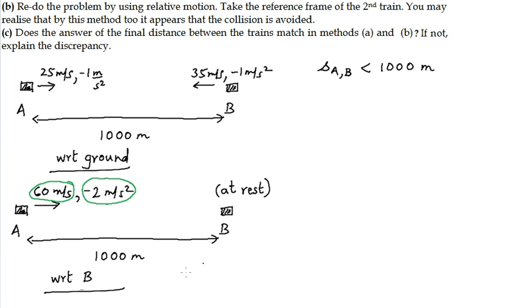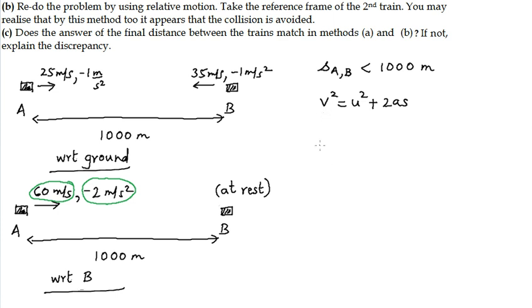Now, sticking to this particular reference frame, that is B's reference frame, let me apply the equation v² = u² + 2as to train A. Remember, we have taken rightward as positive, and all these vectors are measured in B's reference frame.